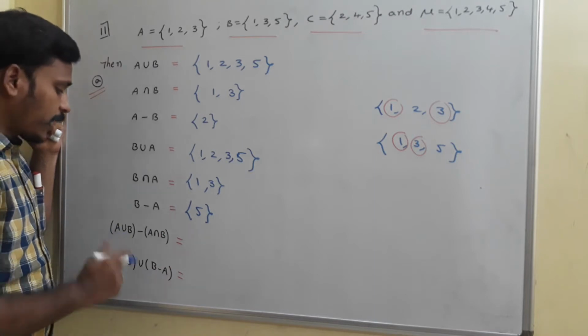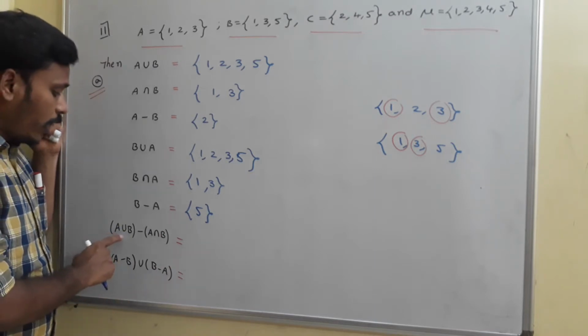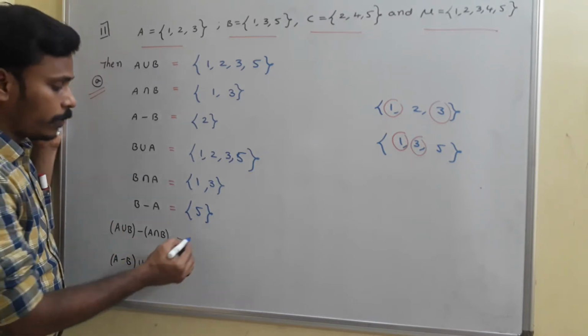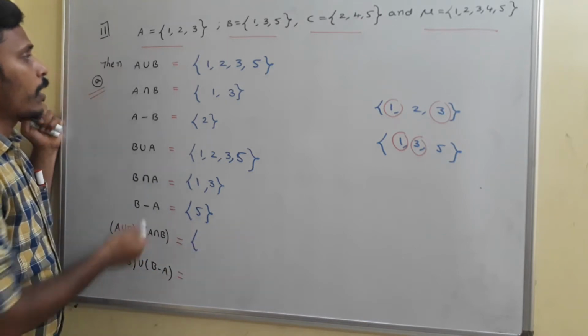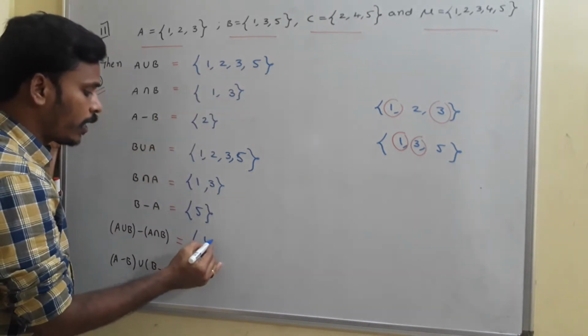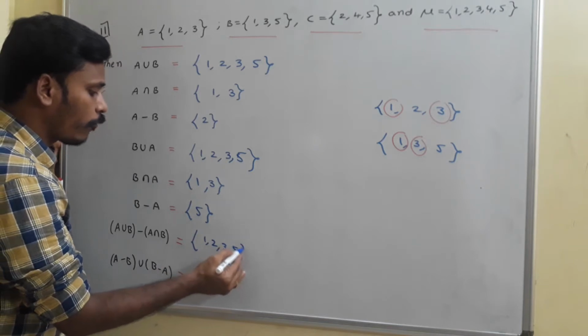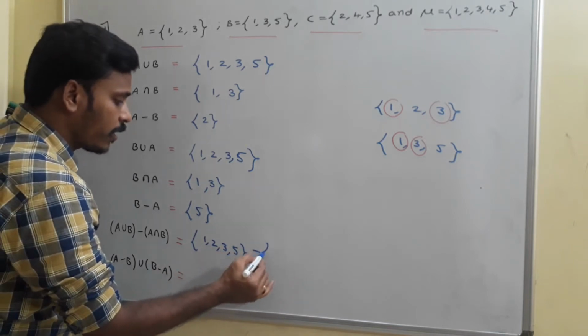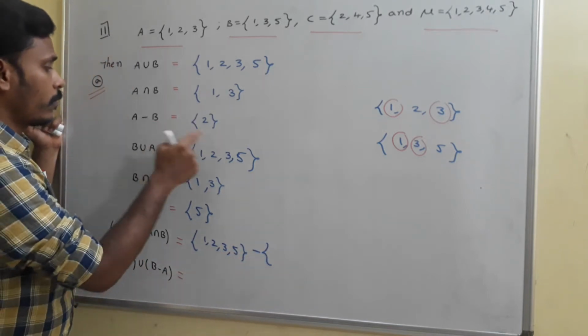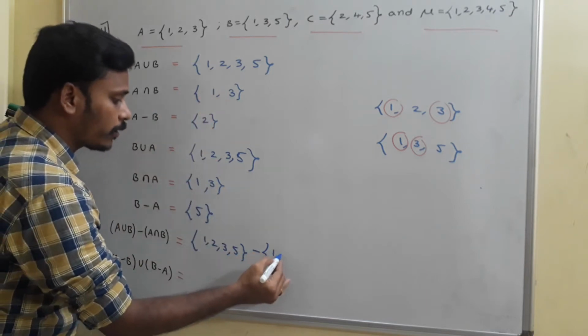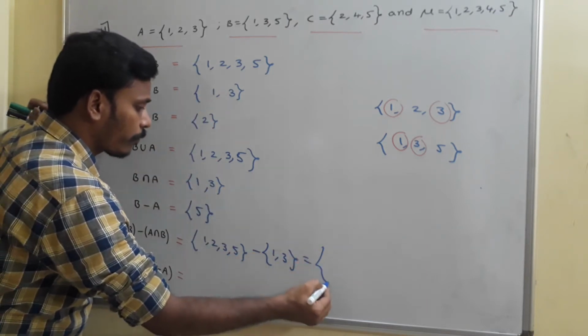Okay. And the next thing is, here I mentioned A union B minus A intersection B. A union B means what? A union B means 1, 2, 3, 5, minus A intersection B, which means 1, 3. You just look there.